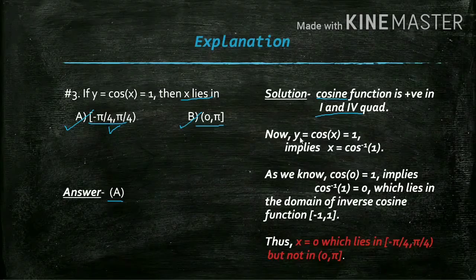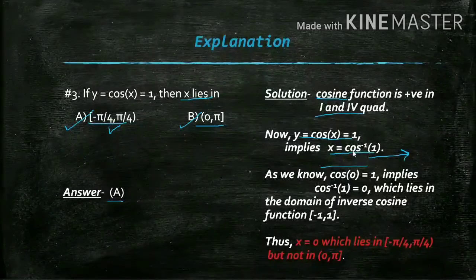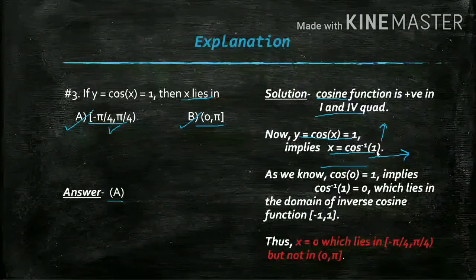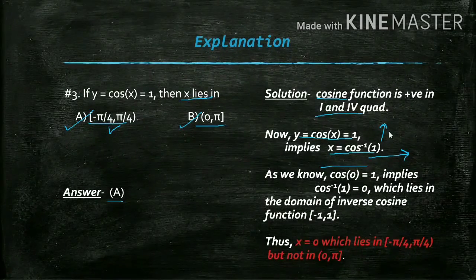Now y is equal to cos of x equal 1 implies x would be cos inverse 1. So I just proceeded over here. You need not do that first. You need to first verify whether this is defined or not. Now what is cos inverse 1? So what is the domain of the cos inverse function?